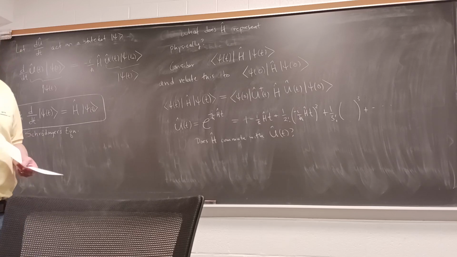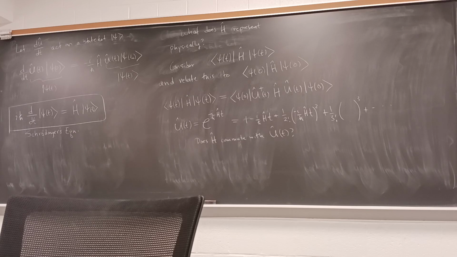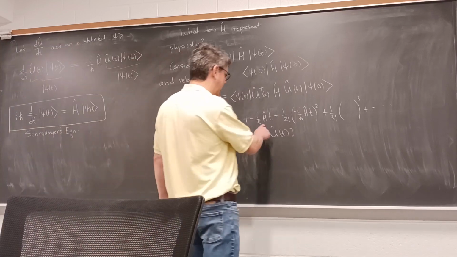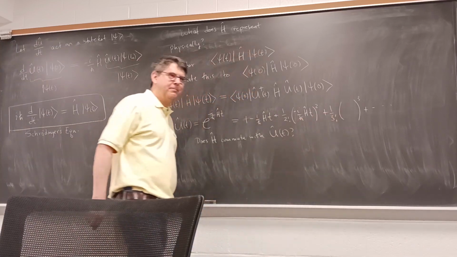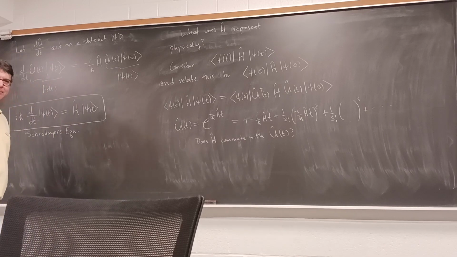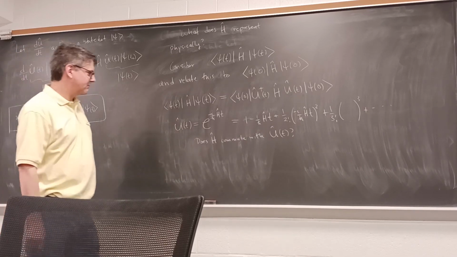Does an operator commute with itself? Yeah. So why then would H commute with U? Because U contains H and only H. Right, so it's just powers of H. Yeah, my thought was, we don't really know what H is in this scenario, and that's where I got stuck. But that makes sense.